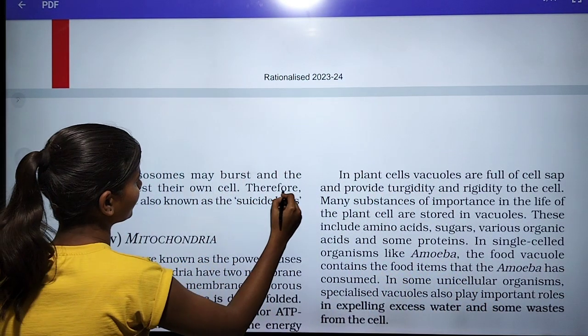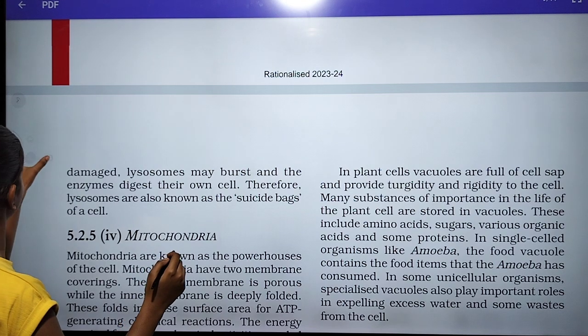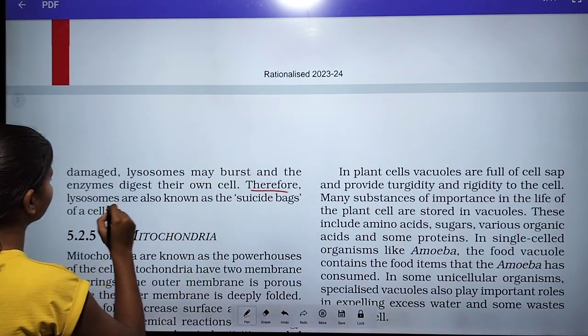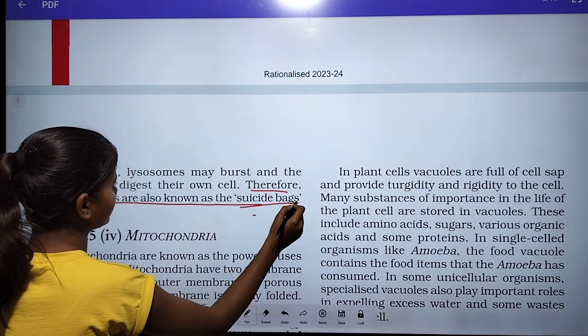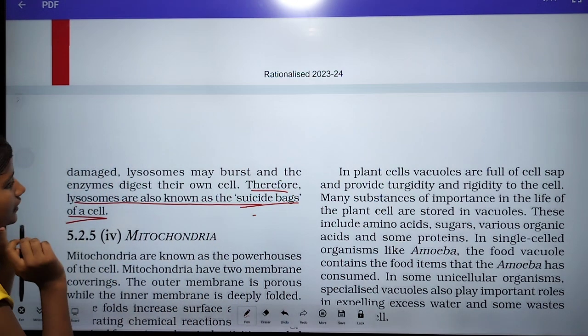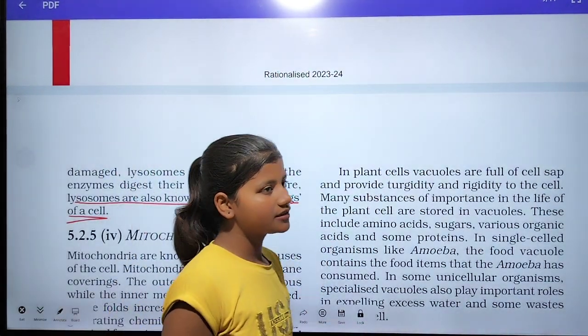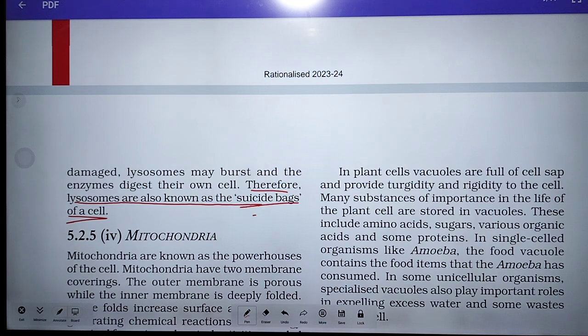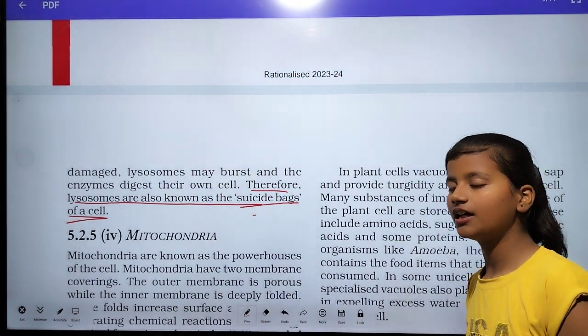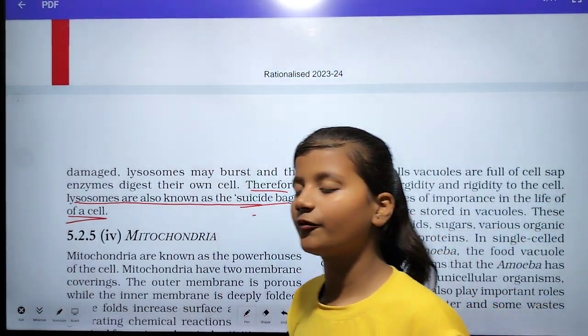Therefore, lysosomes are also known as the suicide bags of a cell. That is the main reason. Why?